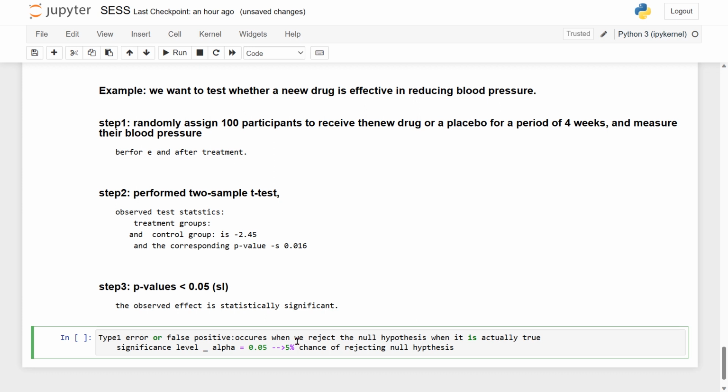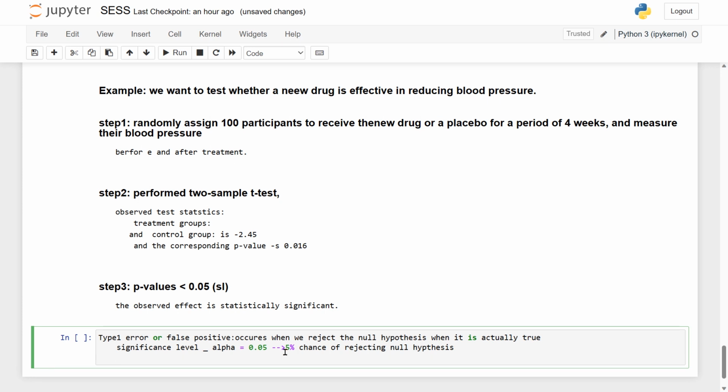Null hypothesis. Now, you have only a 5% chance of rejecting the null hypothesis. Correct? Now, when we reject the null hypothesis when it is actually true, that's what is called type 1 error. Correct? But how much percentage of chance do you have to reject it?